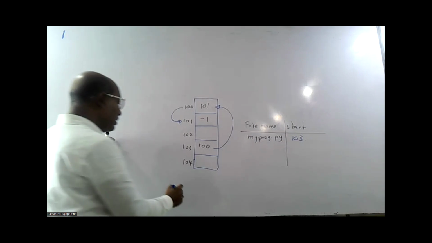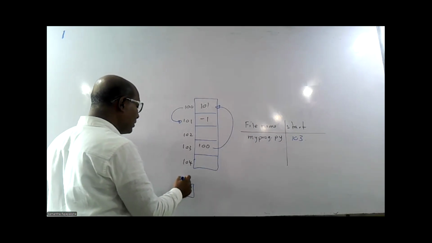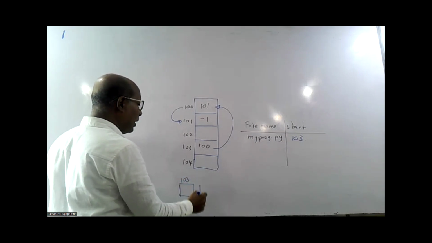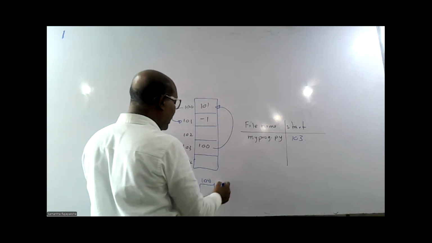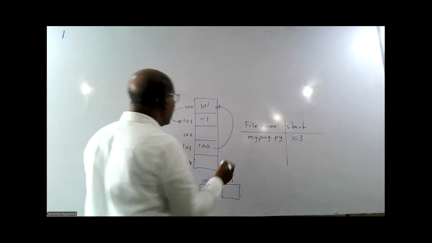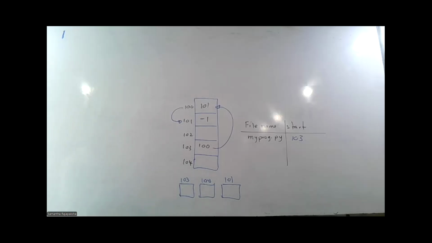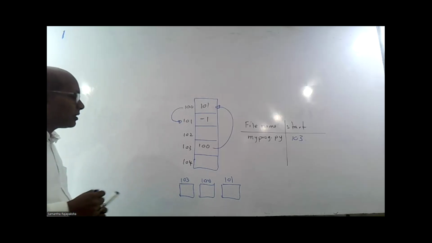And what blocks are going to be used? 103 is one block. 100 is another block. 101 is another. Those are the blocks. Then, sir, starting is 103. Starting number is 103. Three blocks are going to be used.